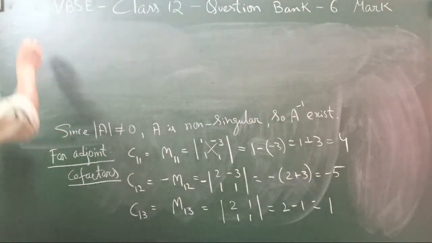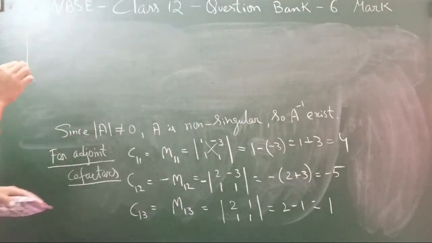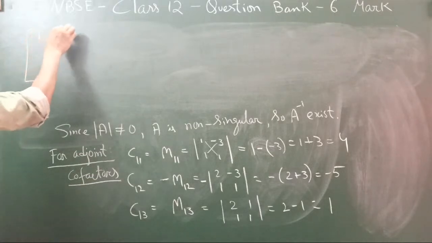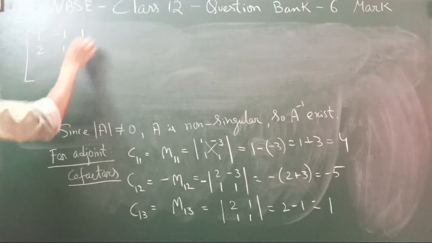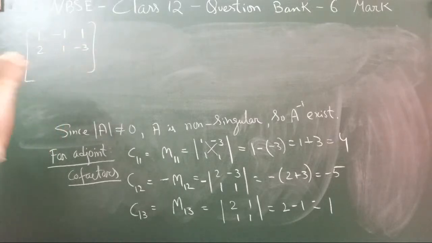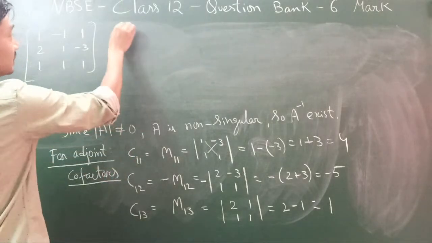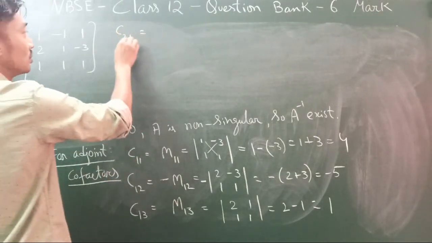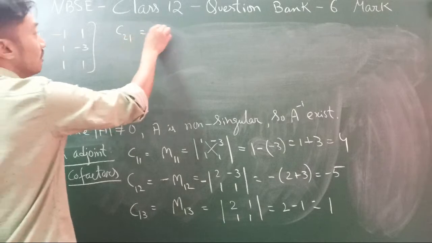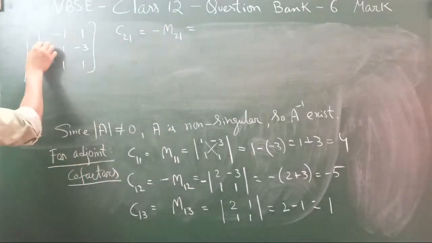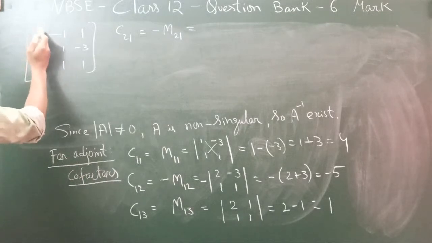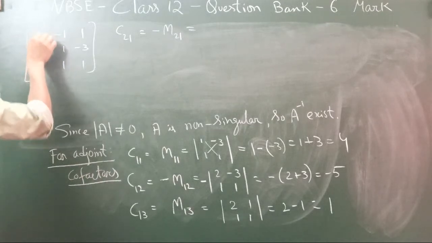Okay, I'll need that matrix once again, so I'll draw it here again. 1, minus 1, 1, just to show you. 2, 1, minus 3. Because these are 6-mark questions, very, very important questions. Okay. So next is C21. C21, 2 plus 1, 3, odd number, minus M21. So that will be minor. Now we can do M21 mentally. Ignore this row and this column.